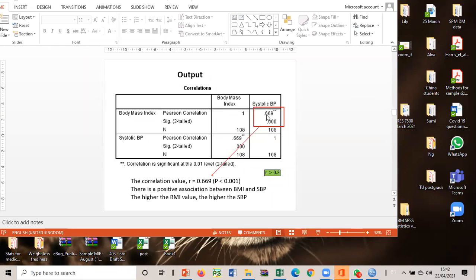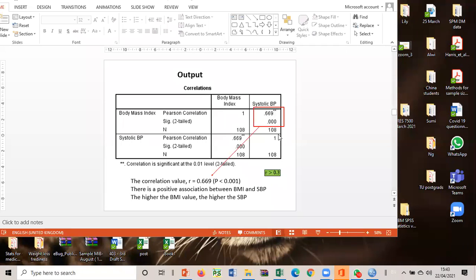Yes, Prof. Explain this, interpret this. This is a correlation value, right? Between body mass index and systolic BP. Is it small or big? It's big. Is it more than 0.3?